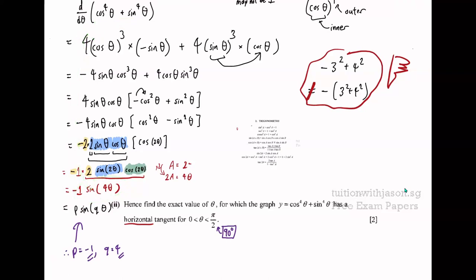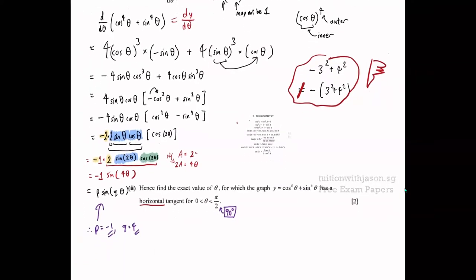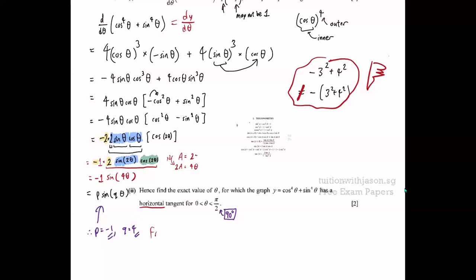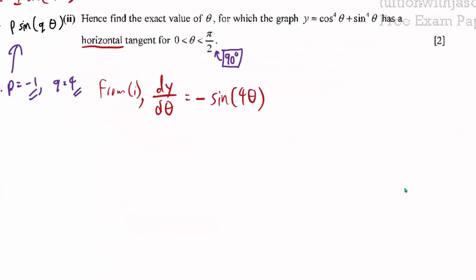It's dy by d theta, where y equals cosine power 4 theta plus sine power 4 theta. Okay? Is that okay? So what we just found from part 1 is that dy by d theta is equal to negative sine 4 theta. That's the main conclusion.